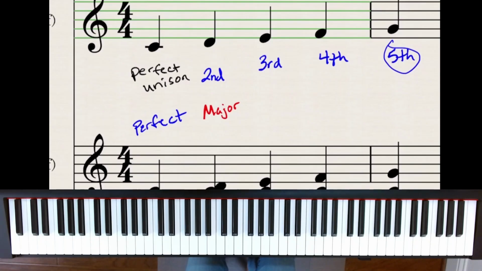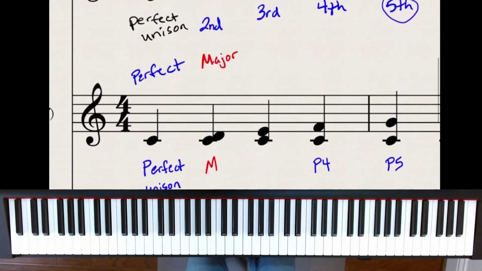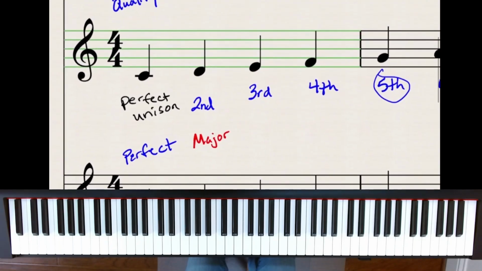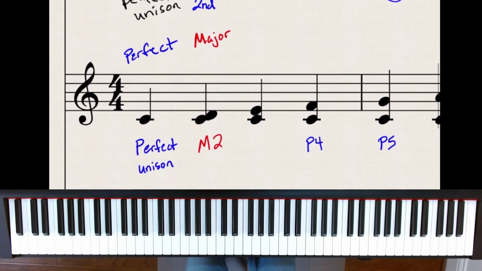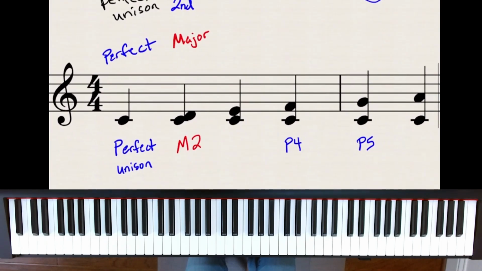Okay, and so if we go back down here, we'll label it capital M with the number 2. So the next interval we said was a third. So if we put an M here, it's going to be a major third.